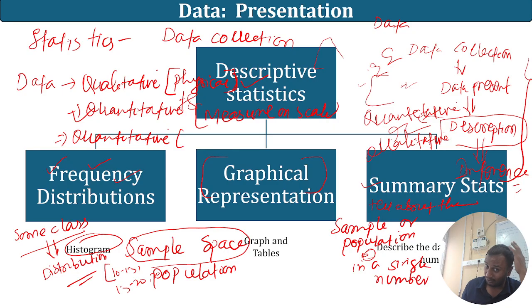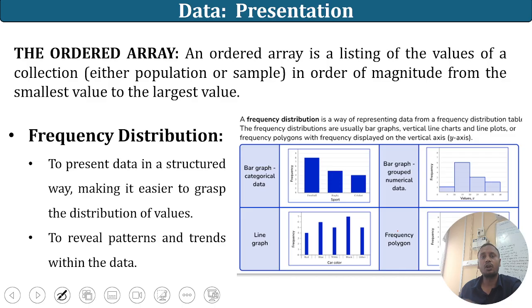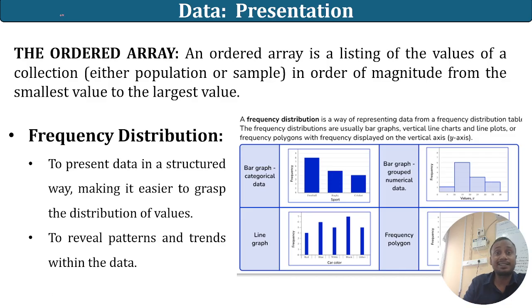So this is all about data presentation. Now we'll start. The first step in data presentation is the ordered array. Ordered array means, let's say we have a sample space.